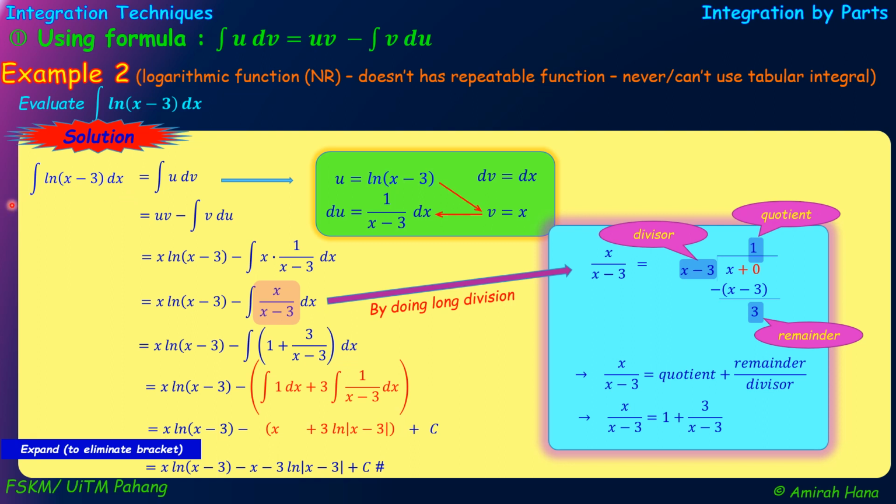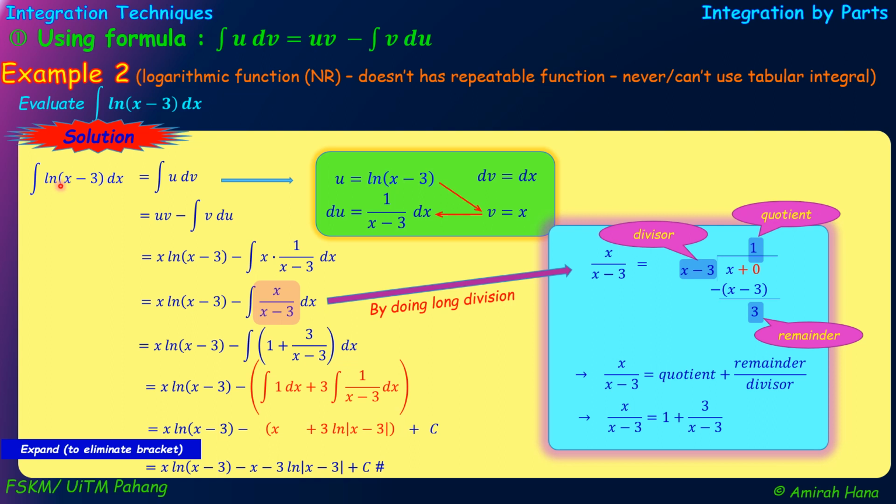To integrate ln x minus 3 dx, we need to integrate using integration by parts. When we integrate by parts, we have 2 methods, either using the formula or using tabular integration. But we can only use tabular integration if the given function is in the form of an exponential function or trigonometric function.